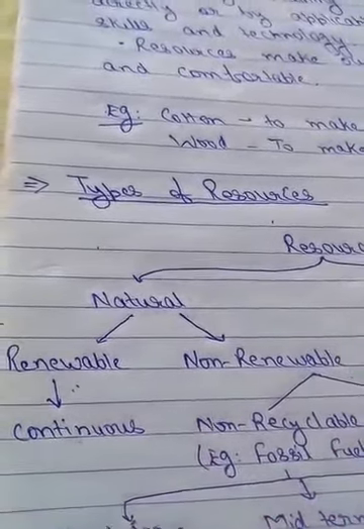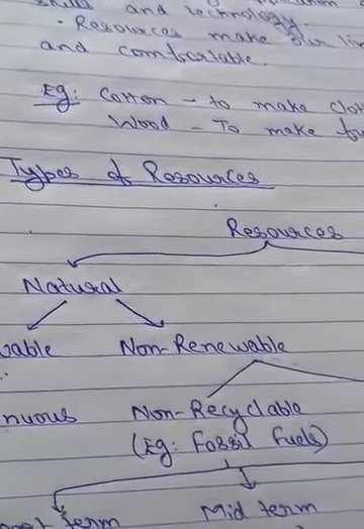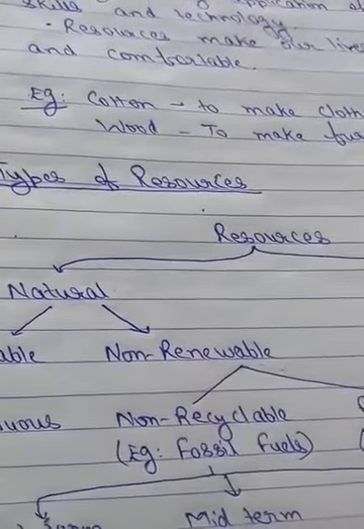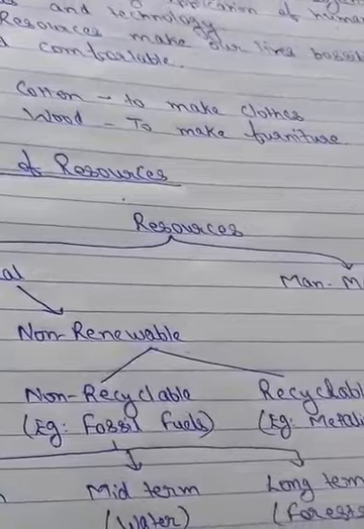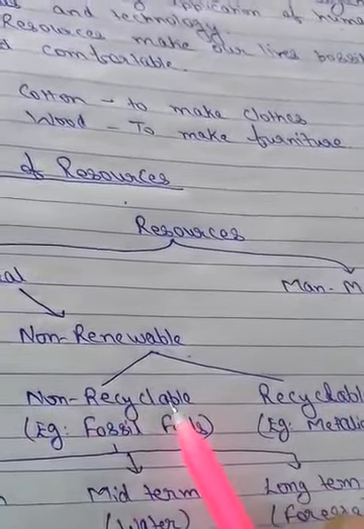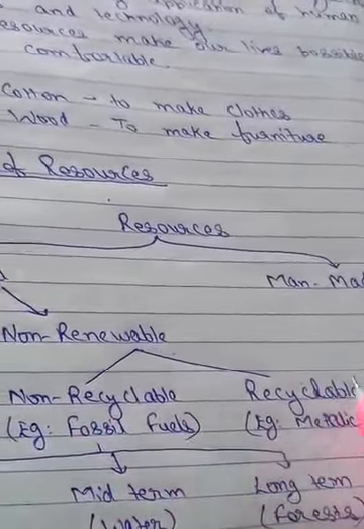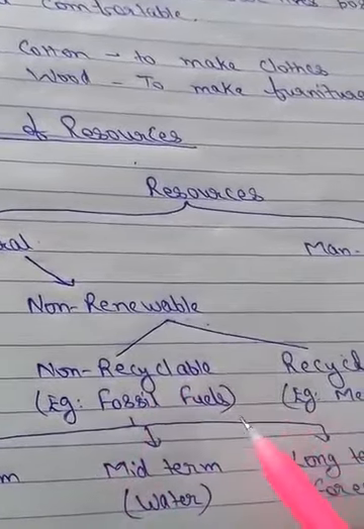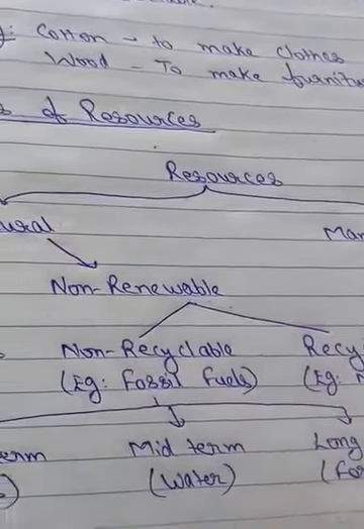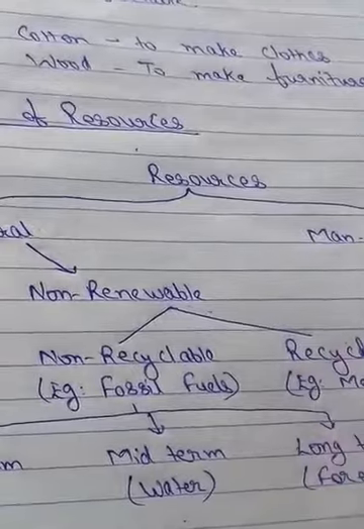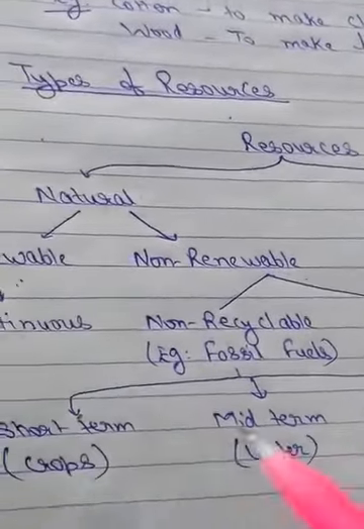Okay, renewable resources. And in non-renewable resources, there are two types: non-recyclable and recyclable. Non-recyclable means it cannot be recycled, like water, forest, and crops.